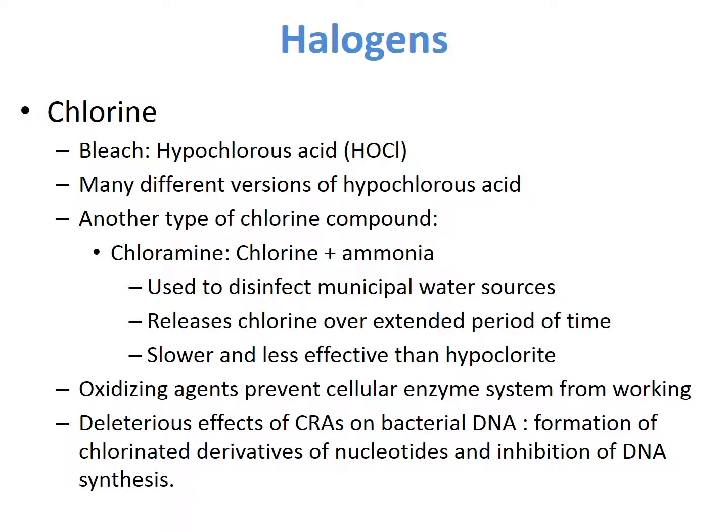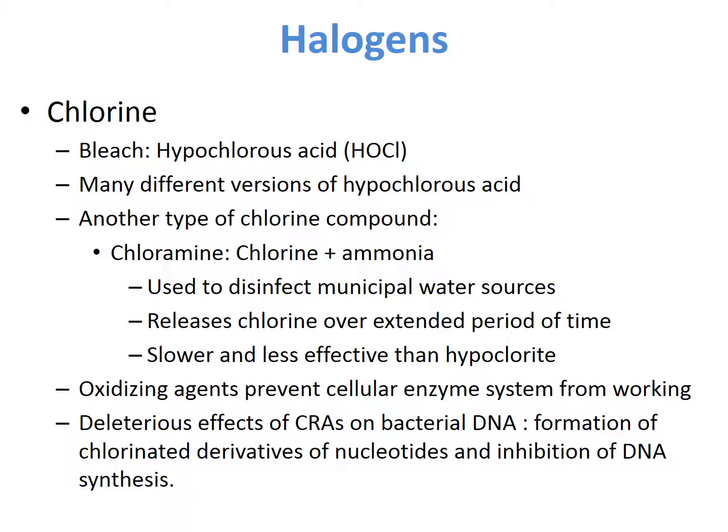Okay? So your target is going to be proteins. Your mechanism is that this compound oxidizes proteins. Okay. We also know that chlorine bleach can also cause the inhibition of DNA synthesis.